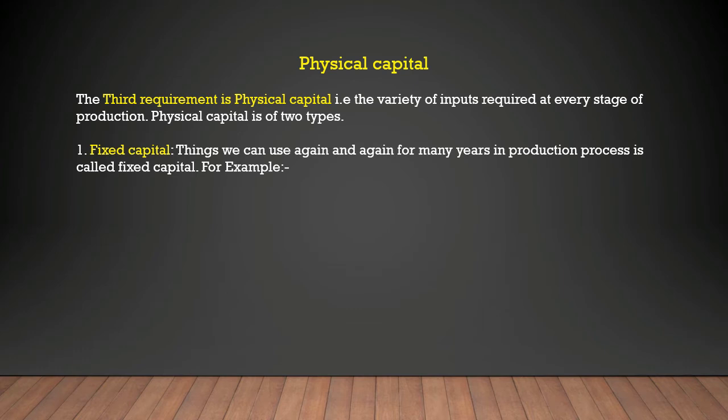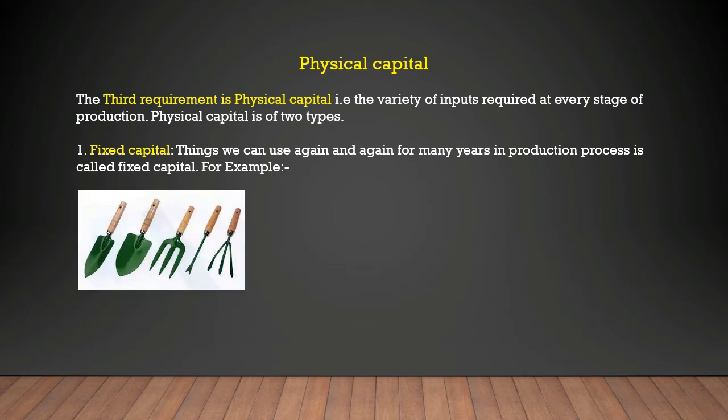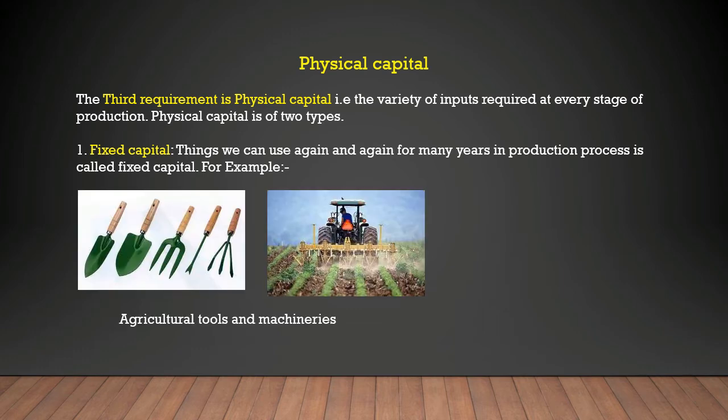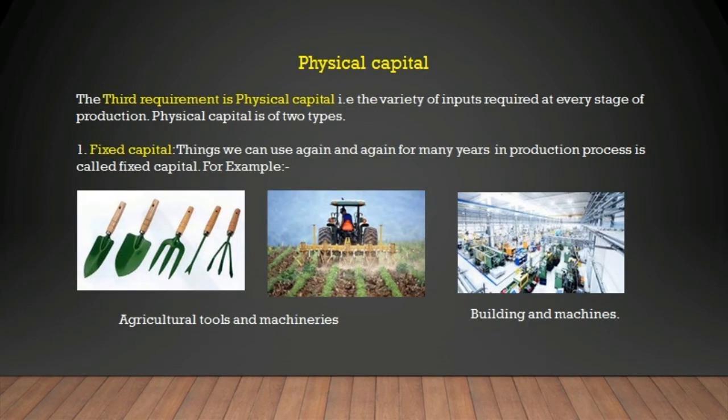Physical capital is of two types. First is fixed capital. Things we can use again and again for many years in the production process are called fixed capital. Or you can also say fixed capital is investment in long-term assets. Examples of fixed capital are tools and machinery which we use in agriculture.